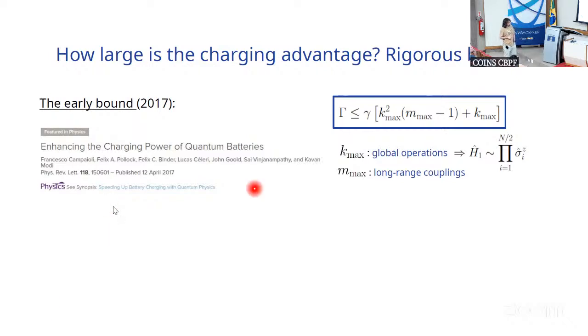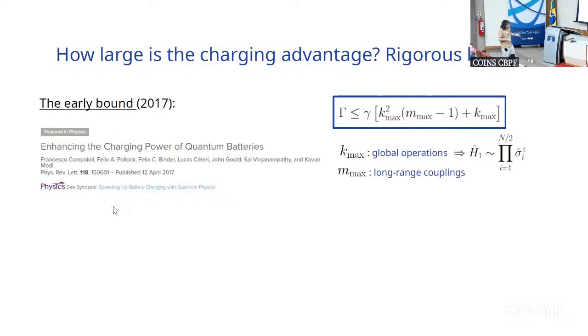And they showed that the best charging power is bounded by essentially two ingredients. One they call K-max, which are the so-called global operations. So a Hamiltonian like this, in which you have a product of all the sigma z in all the possible sites. This is an entangling operation because it couples in a single term an extensive number of qubits.